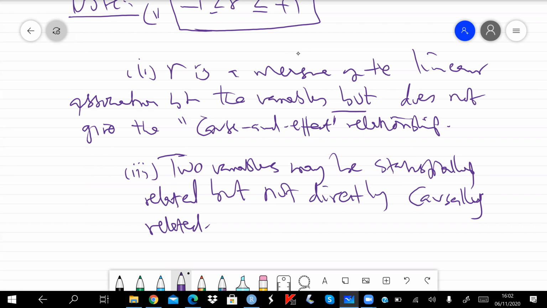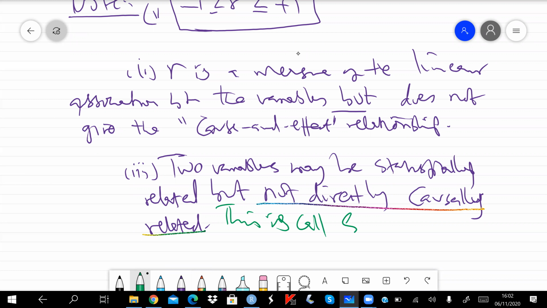It is possible for two variables to have very high or significant correlations, but you find that they do not have this kind of relationship. They are not directly causally related. This is called spurious correlation.